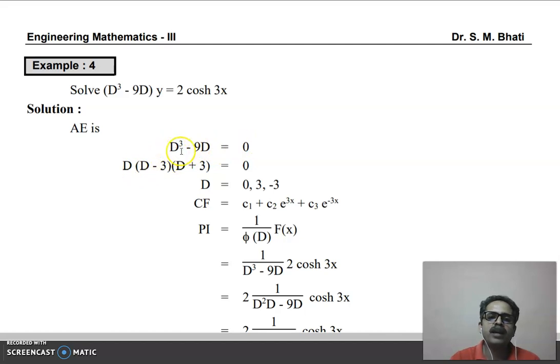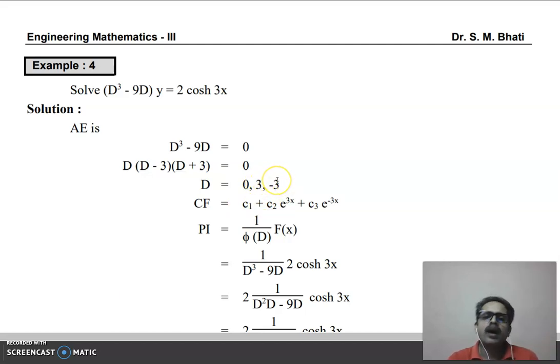What is left in bracket? D square minus 9, and the factors for D square minus 9 are (D minus 3)(D plus 3), and hence roots became 0, 3, minus 3. 0 is real and distinct, so that contributes only C1, and 3 and minus 3 are real.